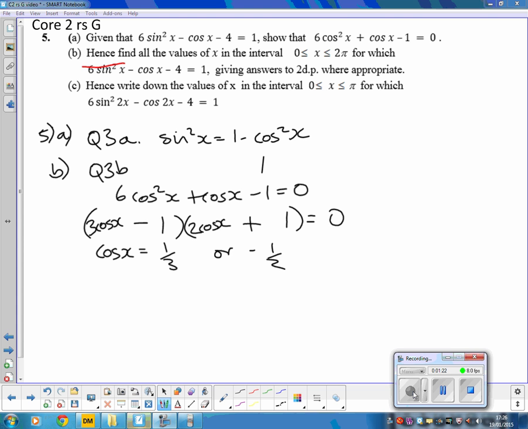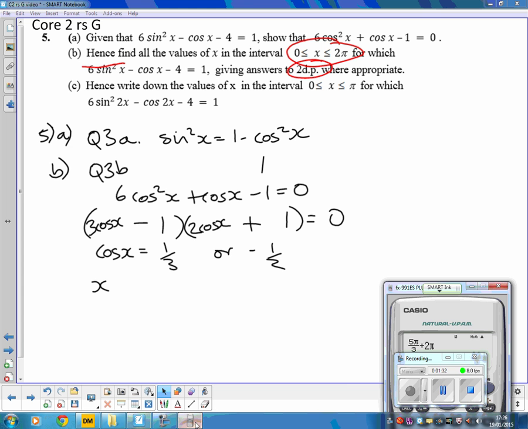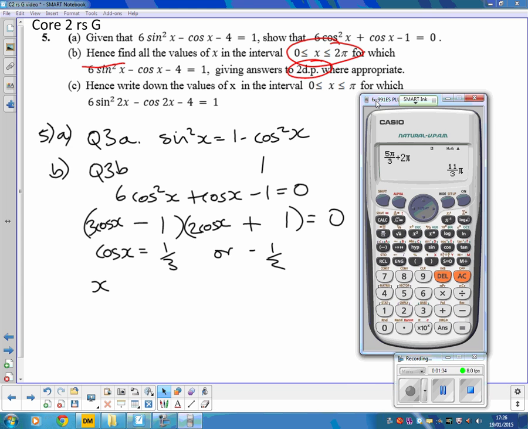I'm going to check the question. The question is in radians, and they say 2 decimal places where appropriate. So if I use my calculator for the first one, we do inverse cos of a third. Now this is not a multiple of pi, so to make sure I keep my accuracy, since it wants the final answer to 2 decimal places, I'm just going to write this to 4 decimal places for now.